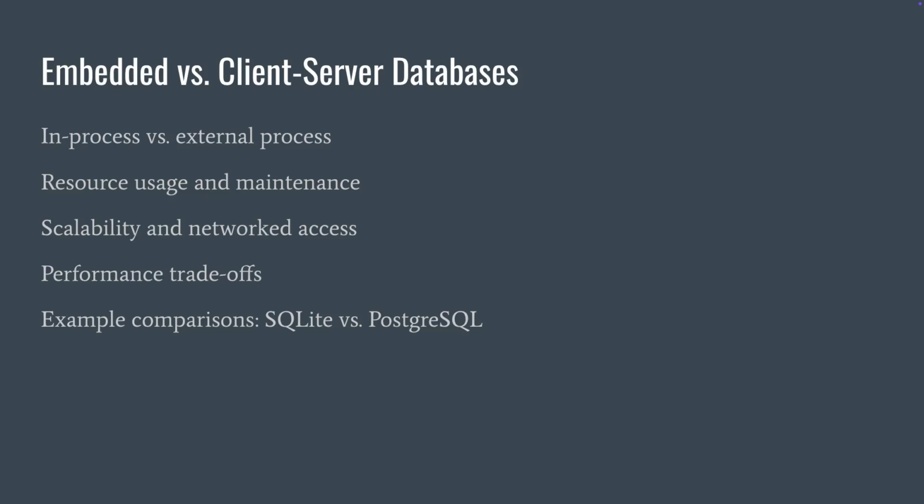This separation means that if the database goes down, the entire system can be affected, but it also allows for more robust scaling options since the database server can be scaled independently of the application.